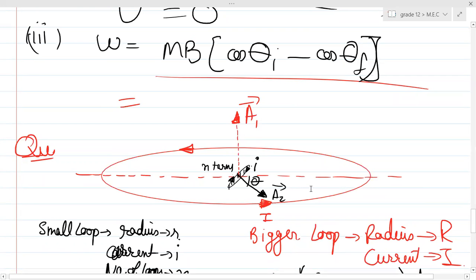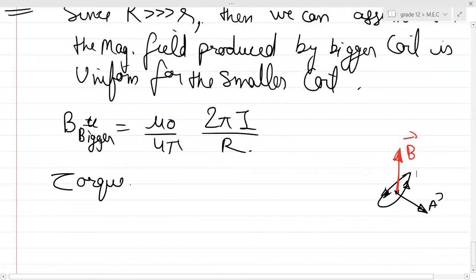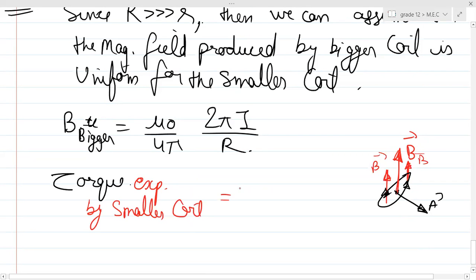So now what is the final answer? By that approximation, you are just assuming that everywhere the same magnetic field is applied. We can assume that this magnetic field is uniform for the smaller coil. So now the torque experienced by the smaller coil will be equal to B into I into N into A sine of theta, right?